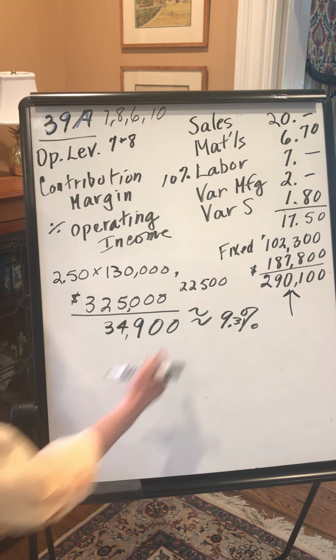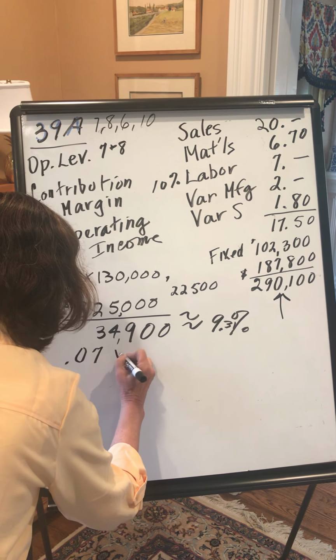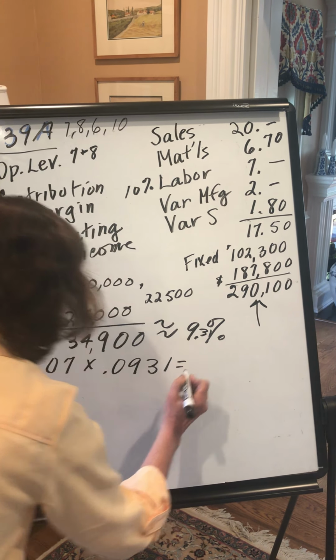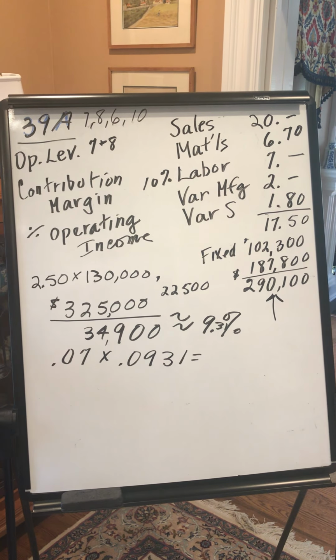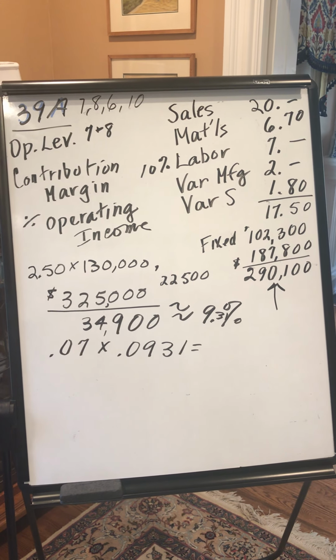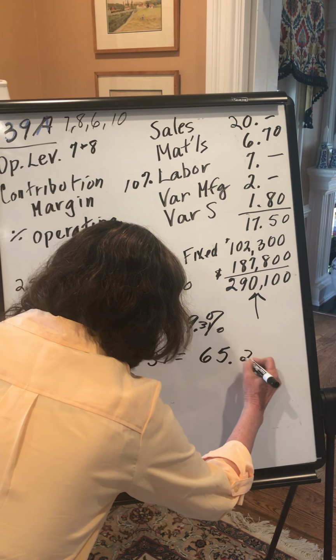All right, well, we have what we need. 7% times 9.31. So basically, we do the math here, 65.2%.